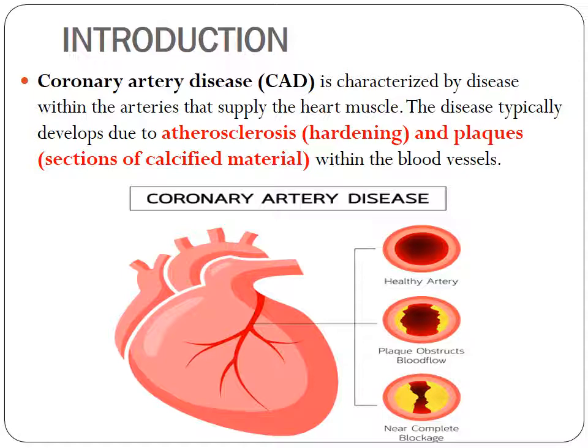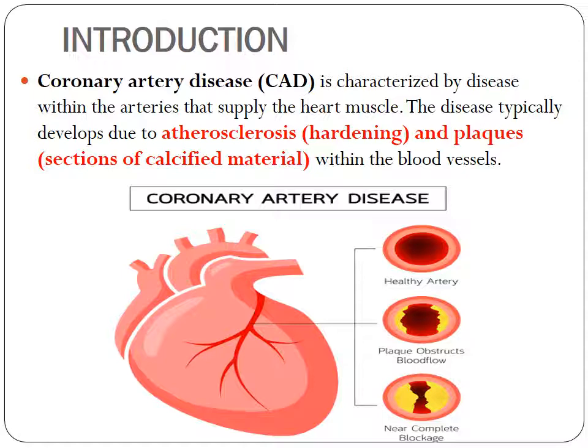The same thing applies here. The buildup of plaques within the blood vessels is the deposition of fatty substances, calcium, and cholesterol on the walls of the artery, eventually causing the lumen to narrow, and definitely there's going to be obstruction in the blood flow.